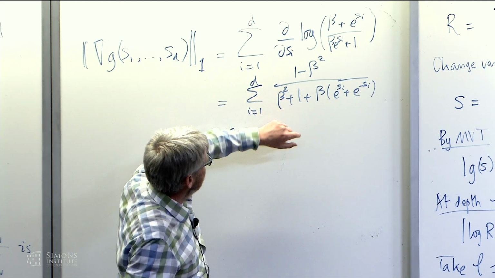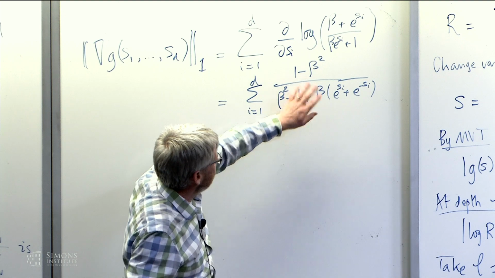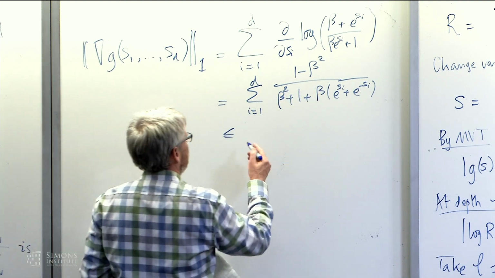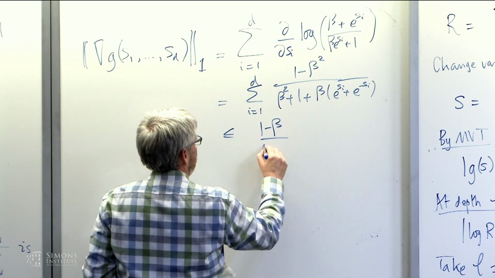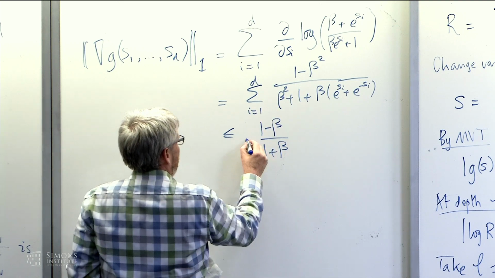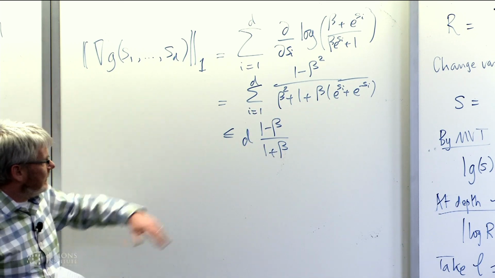So we get 1 plus beta squared on the bottom, cancel out a factor of 1 plus beta, and you get 1 minus beta over 1 plus beta. And then there's a d factor coming from the summation.